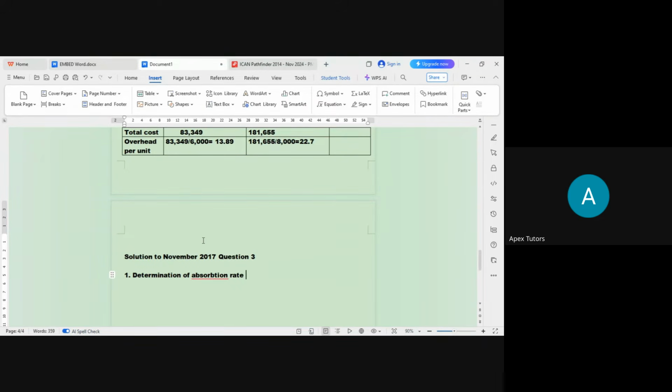You should have solved this in your book using direct labor hours. So this is the traditional method.